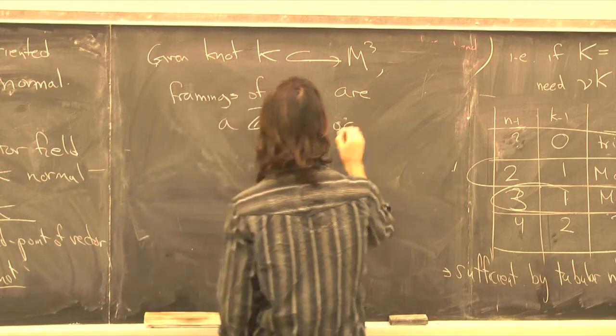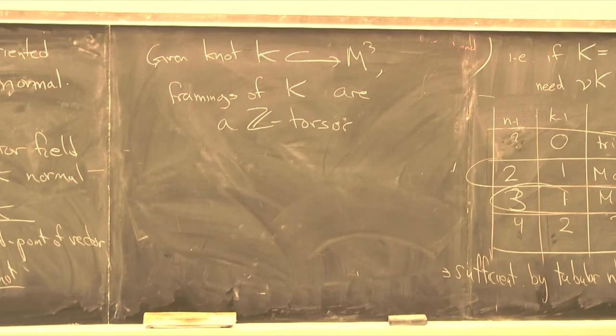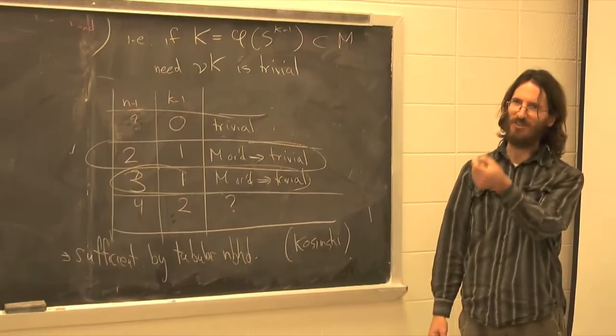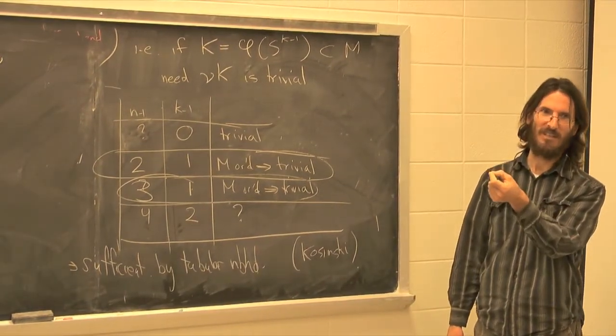Is that the right grammatical formulation? A torsor for Z. That's a fancy way of saying that it looks just like the integers, except you don't know where zero is. You don't know which one you should call zero in general.